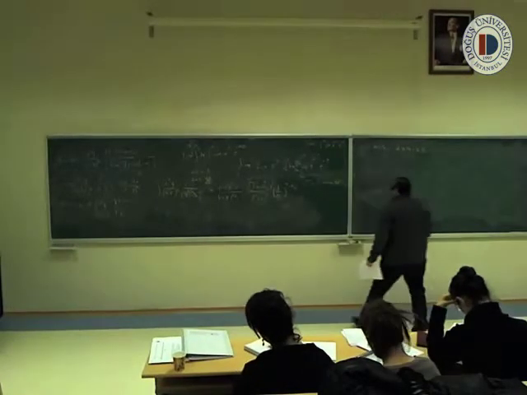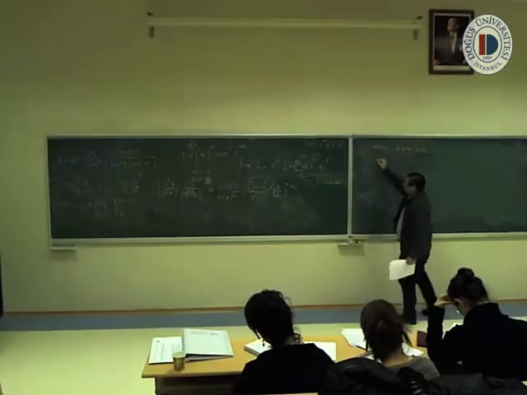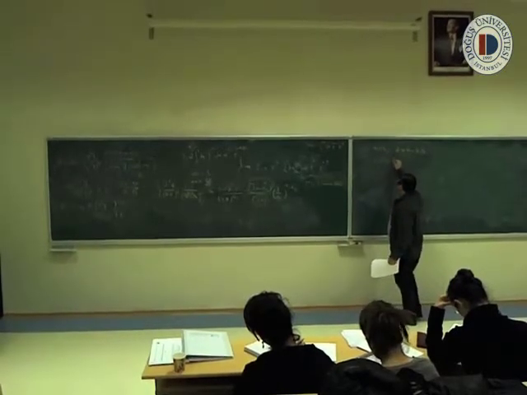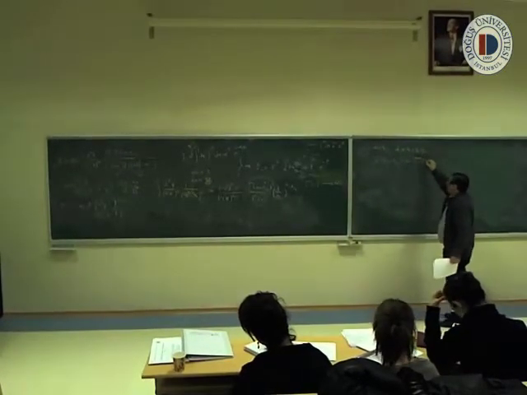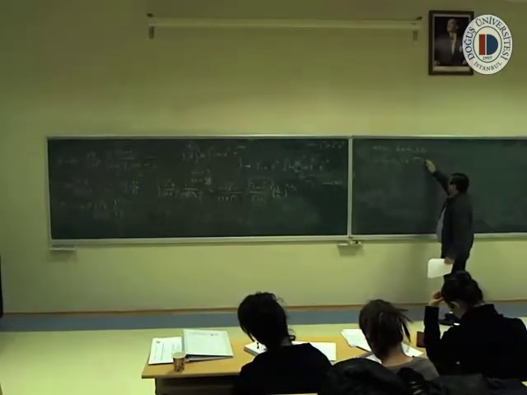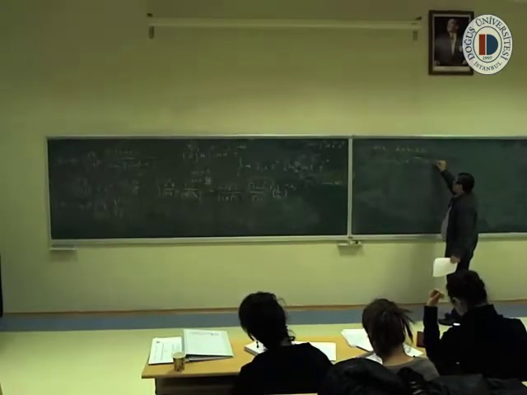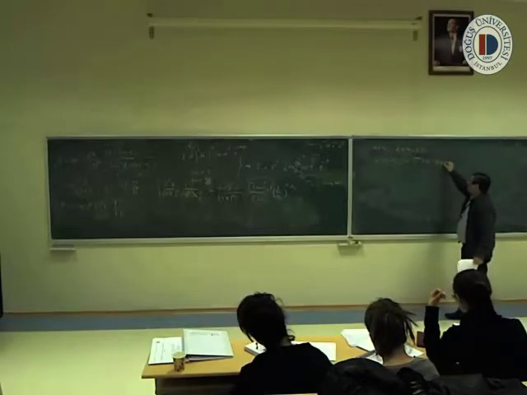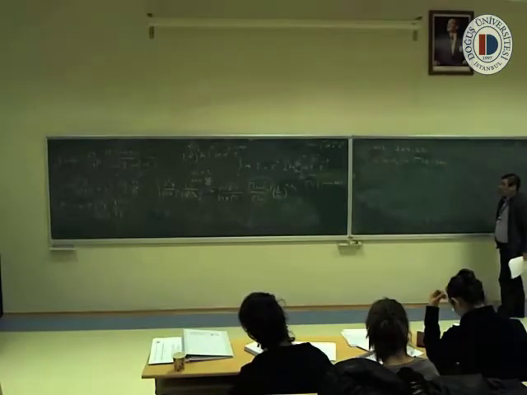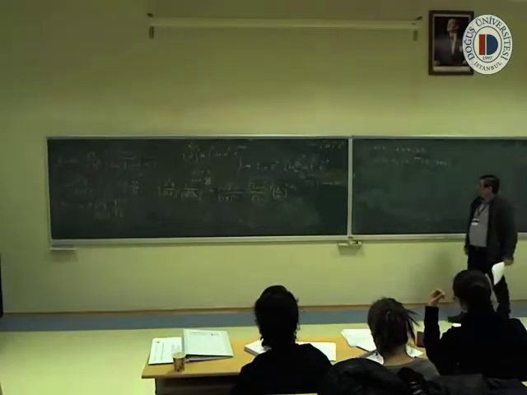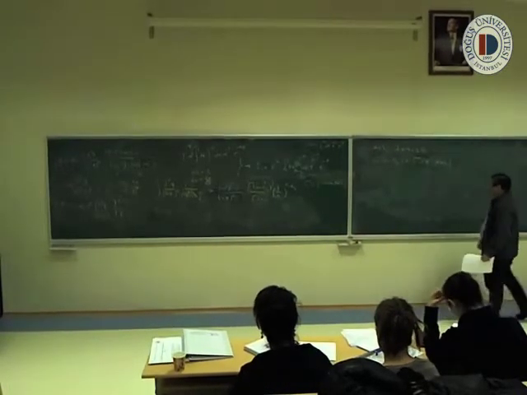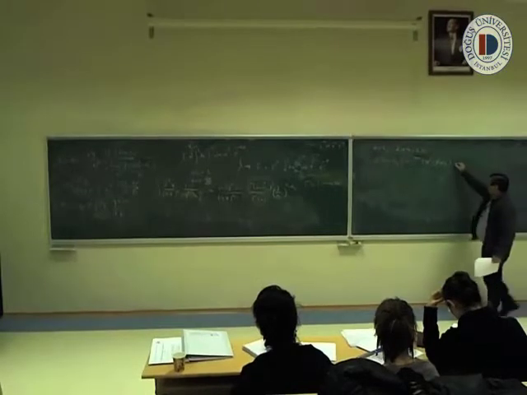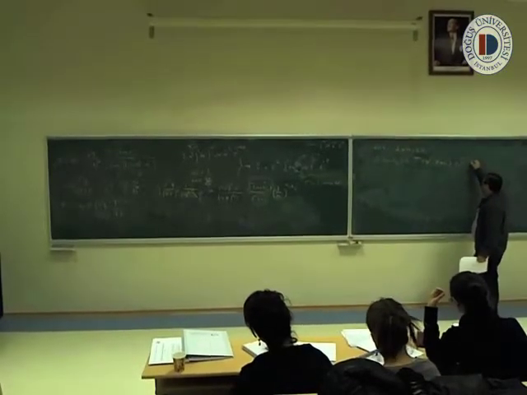This part, gamma of n minus d over 2, will give us gamma of n, which is 2 minus 2 plus epsilon. So now these two cancel each other, and we get gamma of epsilon.